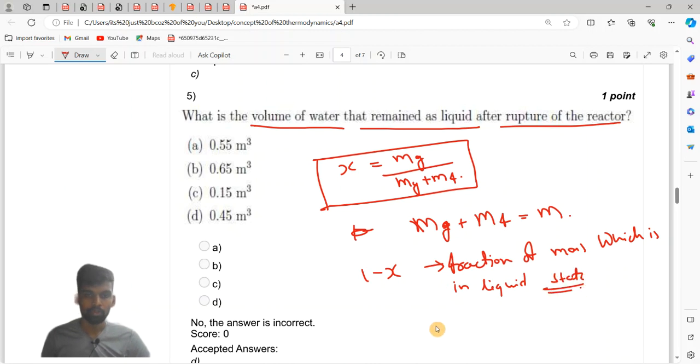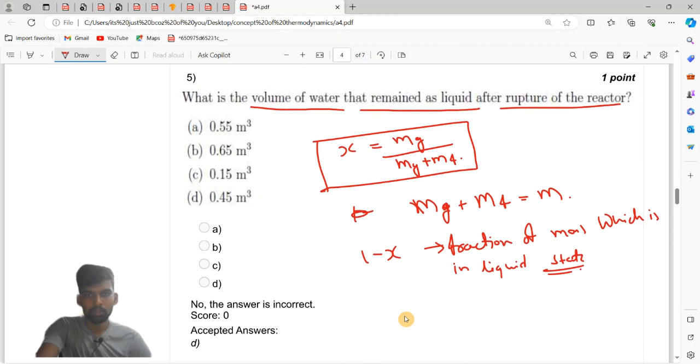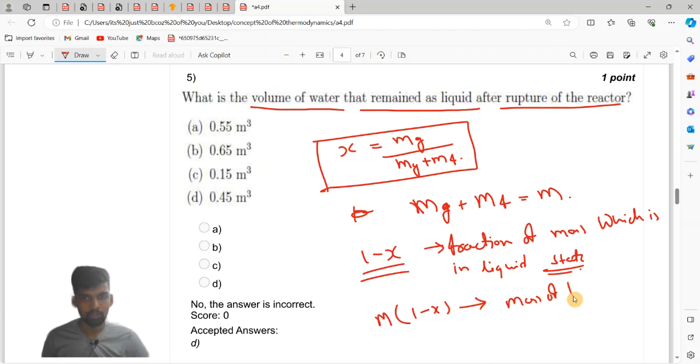When we multiply this fraction with the total mass, what we will get is the mass of liquid.